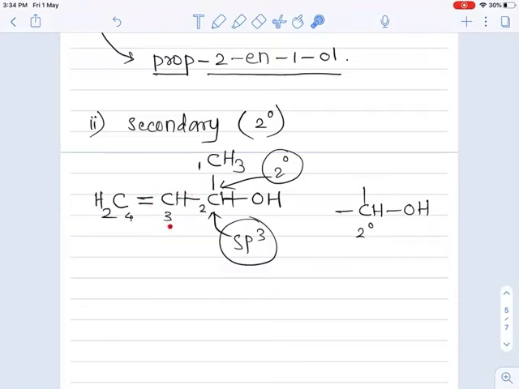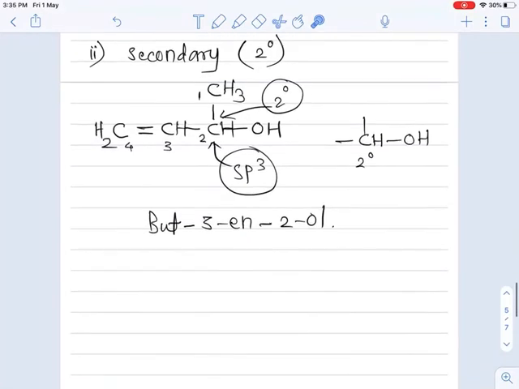So for this 4 carbon compound, its prefix starts with but. At position 3 a double bond is there, so 3-en, and at position 2 this OH group, that is 2-ol. So its IUPAC name is but-3-en-2-ol. It's butenol, but-3-en-2-ol.